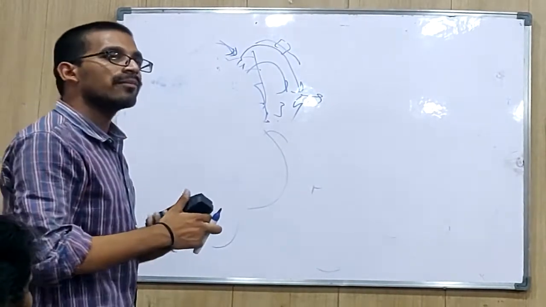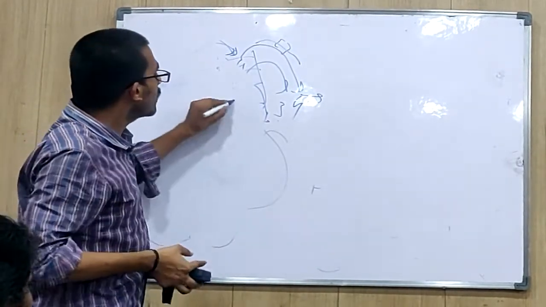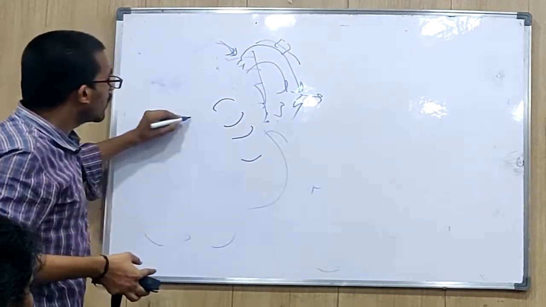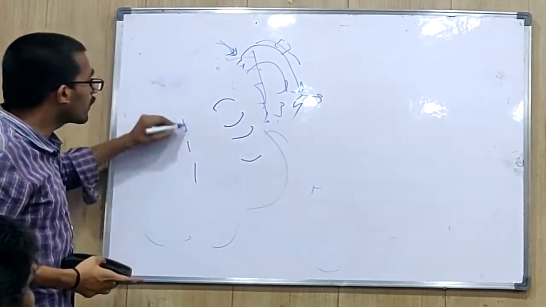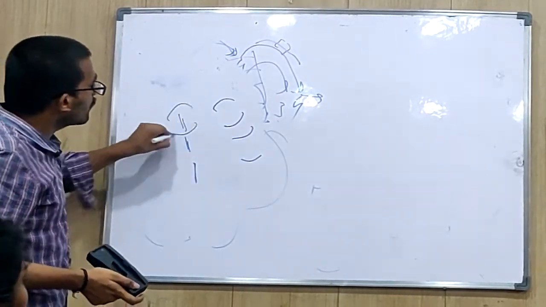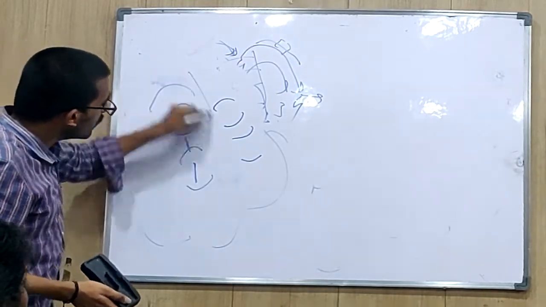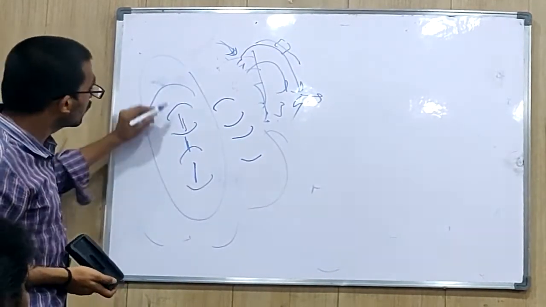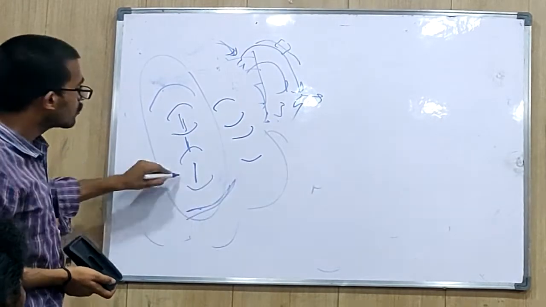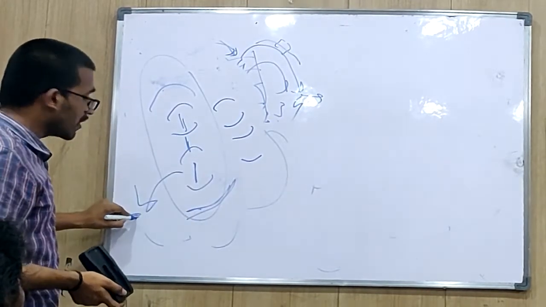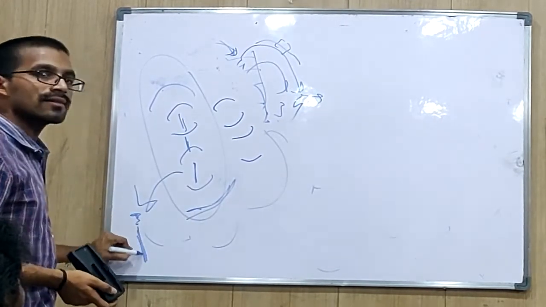Using this, we can write a program to balance the parentheses. If there is any statement or expression, we can balance the parentheses. If the given statement is not balanced, it will show the result with printf, that it is not balanced.